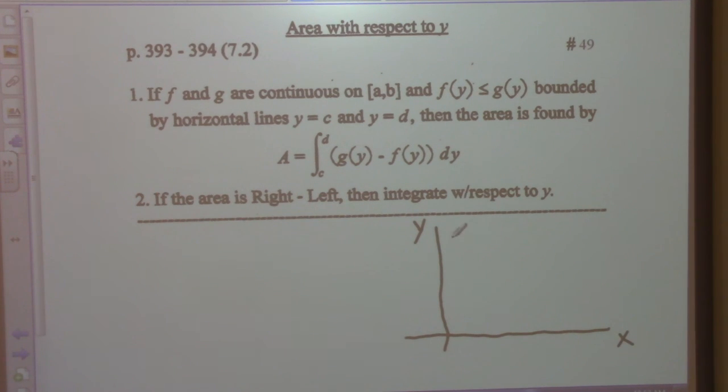So you can have an x equals equation. What you're doing in this case is drawing a curve that doesn't look like a function, does it? No. But if you consider turning this 90 degrees, then you would have a function, wouldn't you?